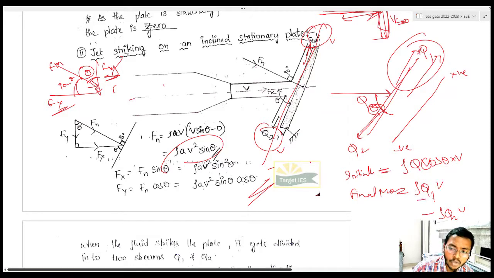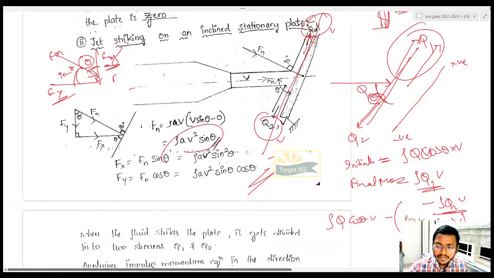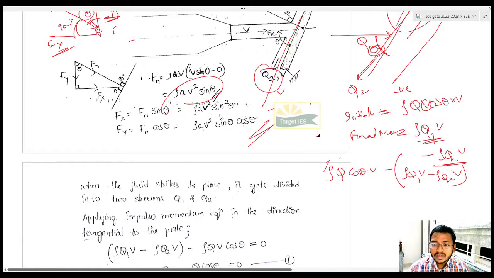That's why I am getting rho q1 v minus rho q2 v. So what is the change in momentum? That will be nothing but rho q cos theta v minus final momentum, which is rho q1 v minus rho q2 v. Simple. So rho is common, v is common, so I am going to remove it.